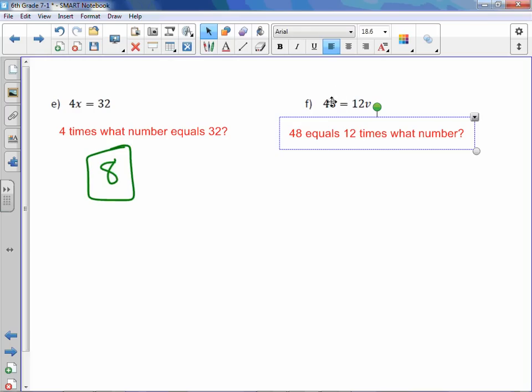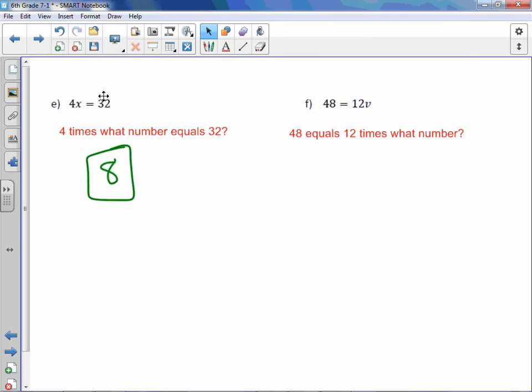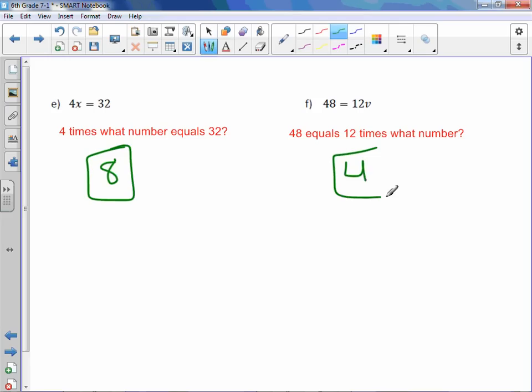So the 48 equals is on the left-hand side. Every other equation we've done was on the right-hand side, but that's okay. You can reword this as well. You could even say 12 times what number equals 48? Okay, so 12 times what equals 48? 12 times 4 equals 48. Or in other words, 48 equals 12 times 4.